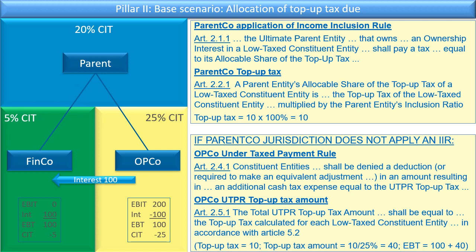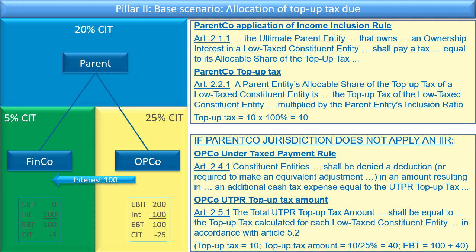The top-up tax amount must therefore be 10 divided by 25%, because that's the tax rate for OpCo, which is 40, and then you add that back to the EBT of OpCo, which then becomes 100 plus 40 is 140, and then it will end up paying, instead of 25 of tax, 35 of tax, making up for the 10 that FinCo should have paid but did not pay.